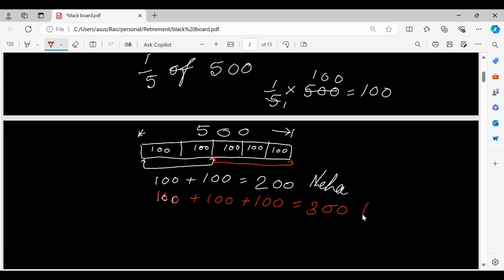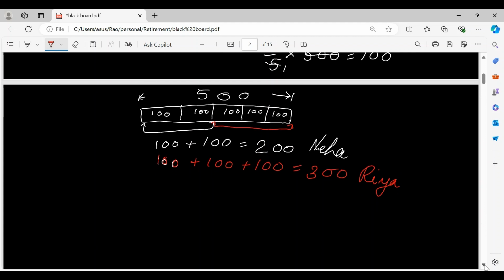So here we are able to find out easily how much was spent by Neha and how much was spent by Ria.